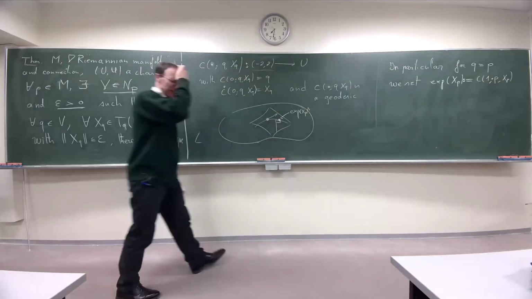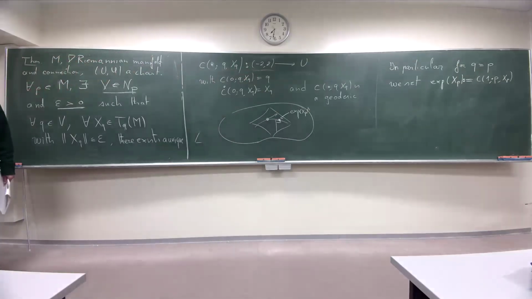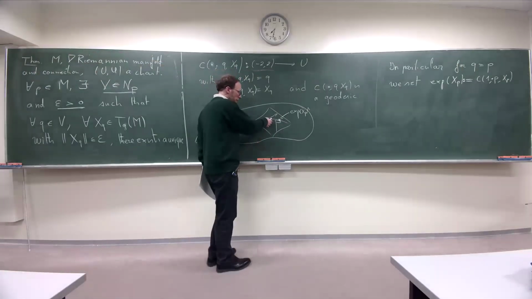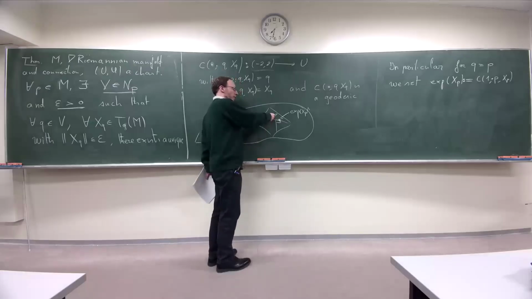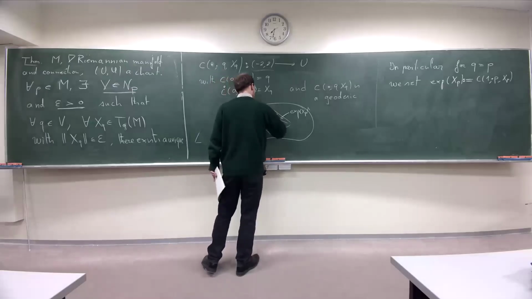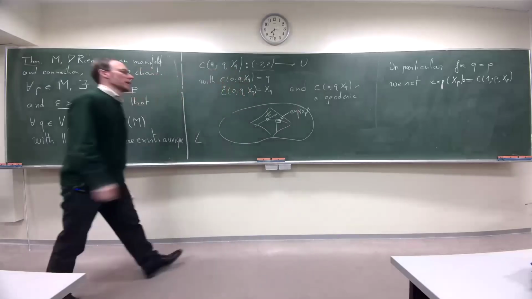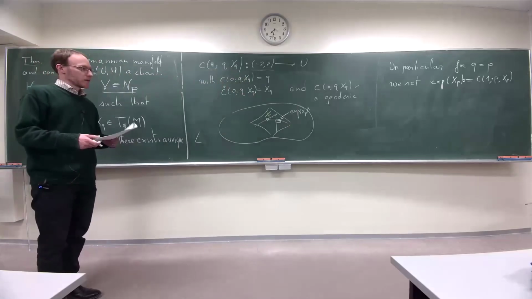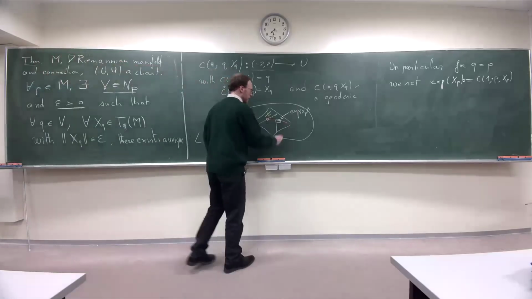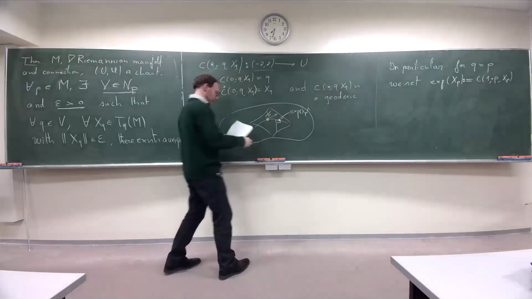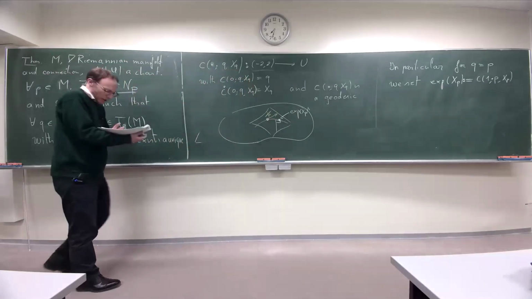In fact, if you have attended the course on group theory, it's quite similar to what we have between the Lie algebra and the Lie group. There also exists a notion of exponential. So we associate to this vector xp a point on the manifold, which I called exponential of xp. It's a definition, and it's on this geodesic starting at p, or at least passing through p, and with this tangent vector. And it's called the exponential map.